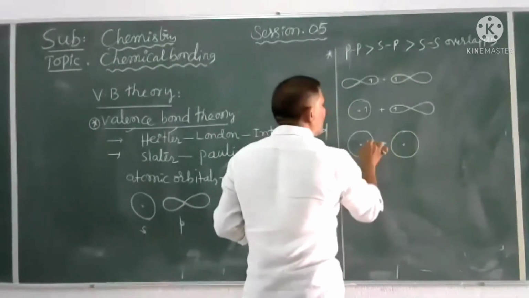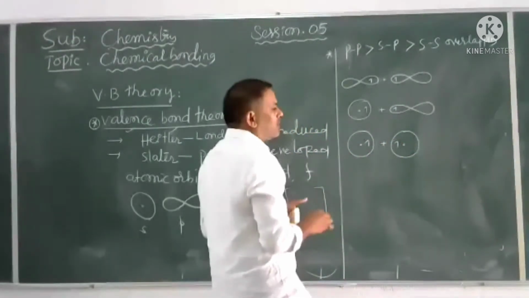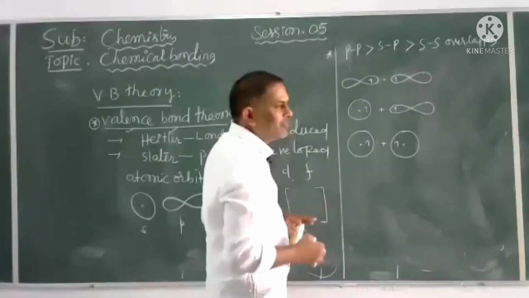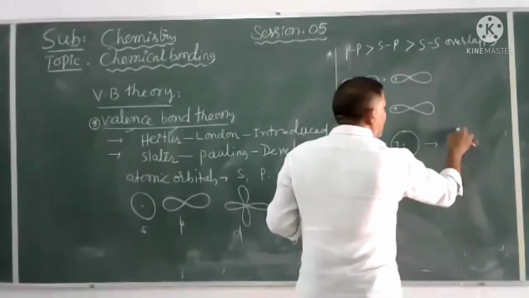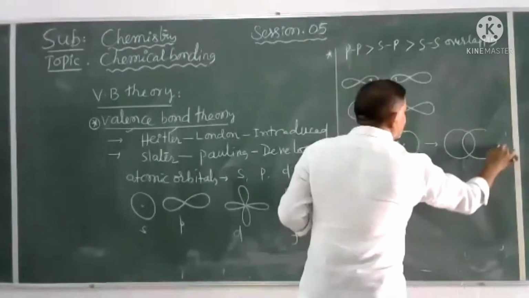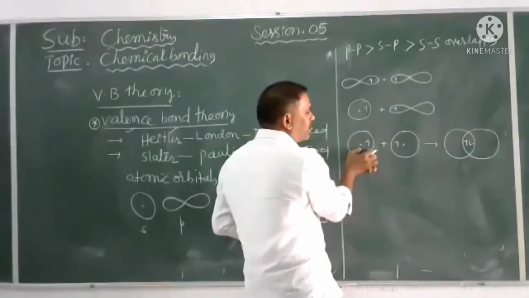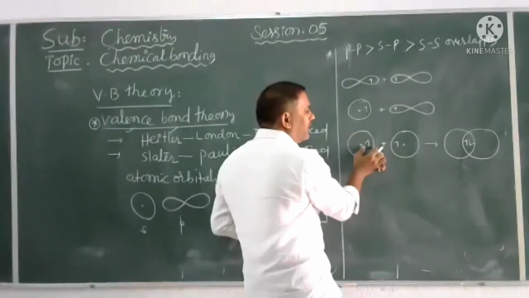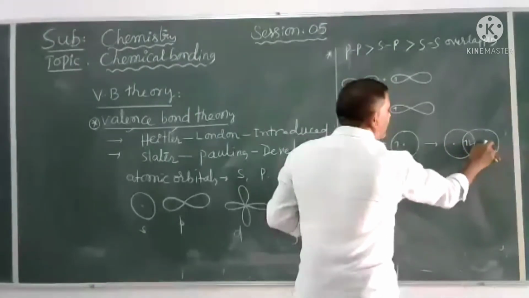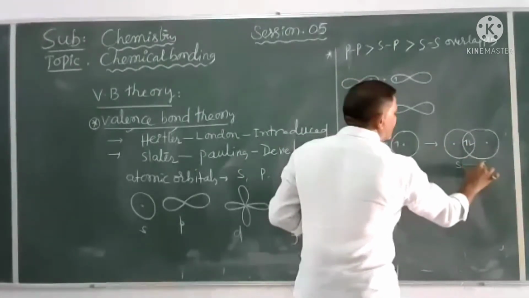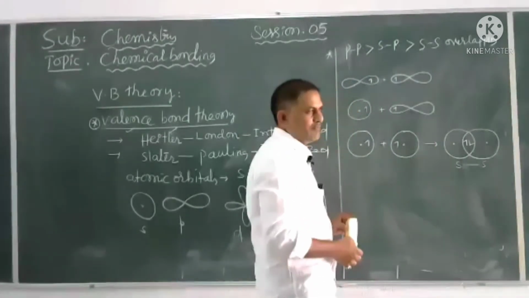Before overlapping, valence orbitals are in the same direction. After overlapping, they are in opposite direction. This is the nucleus of one atom, another atom's nucleus, s orbital and s orbital, between them there is overlapping, it forms one bond. That bond is called a covalent bond.